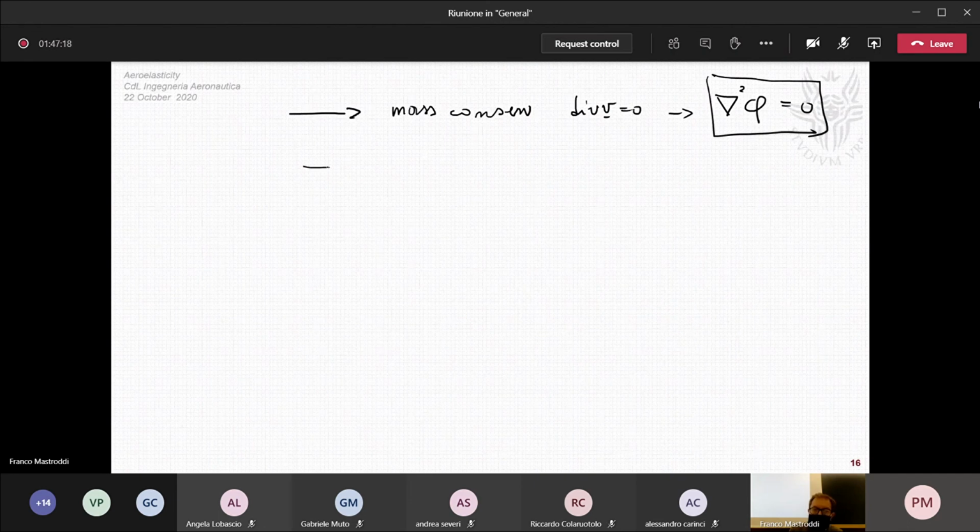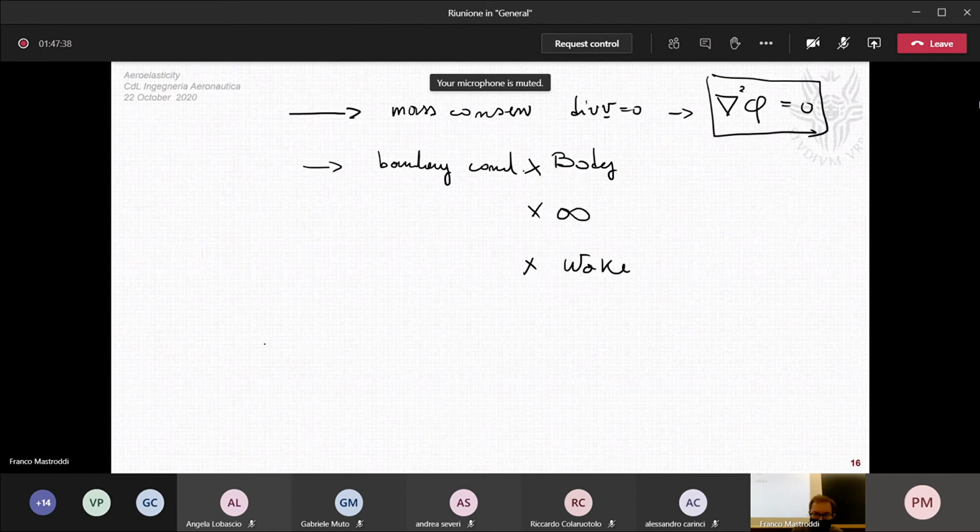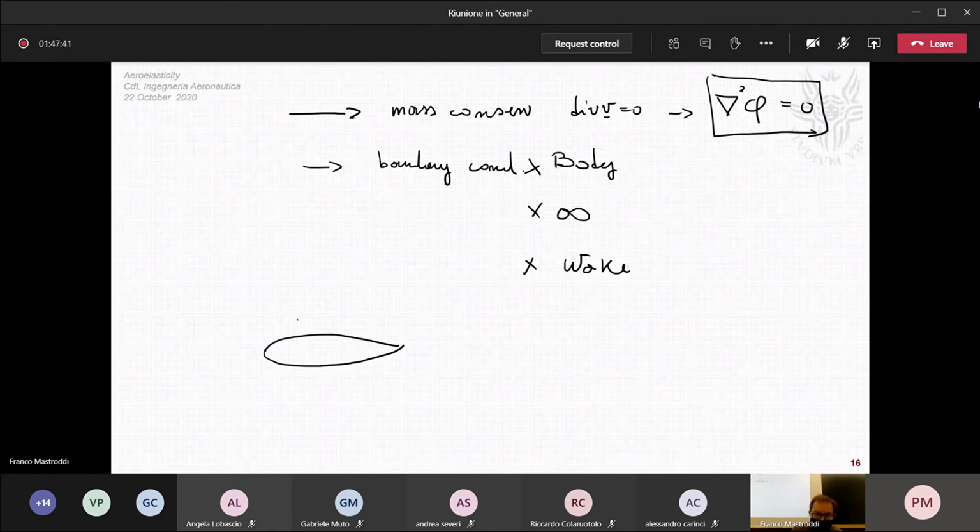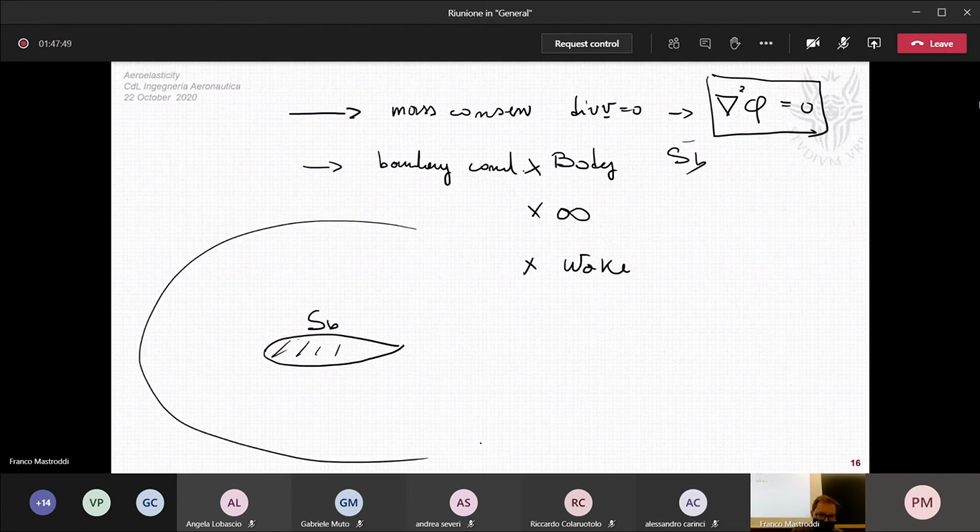We have boundary conditions on body, on infinite domain, and on wake. In fact, our boundaries are the body surface, the infinite surface, and the wake surface.